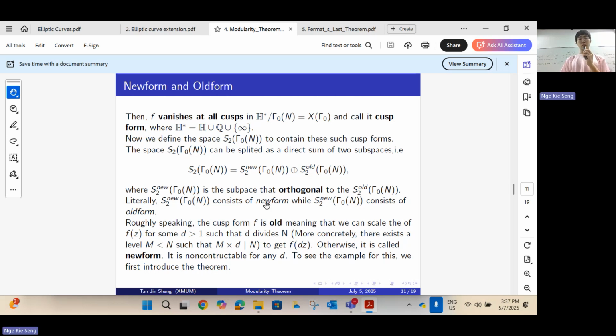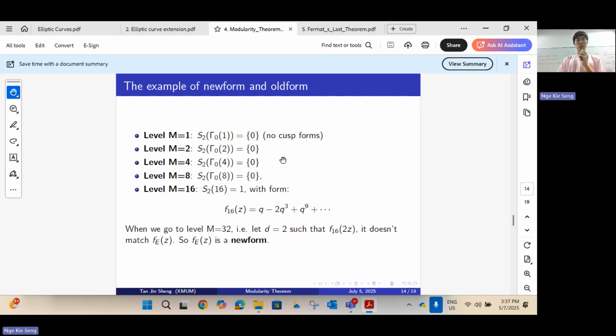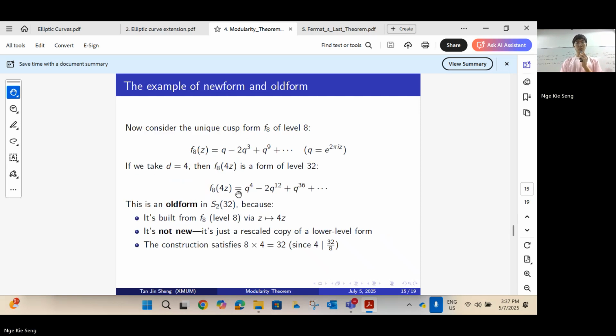In this example, when you substitute 4 into this, then it can be an element in the S2 Γ0(32).